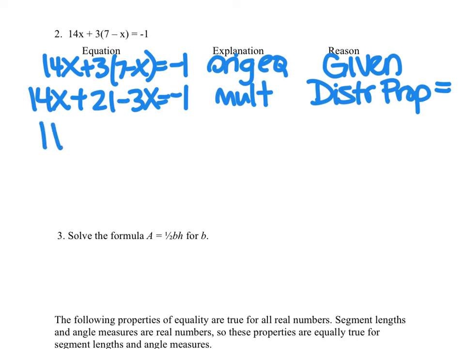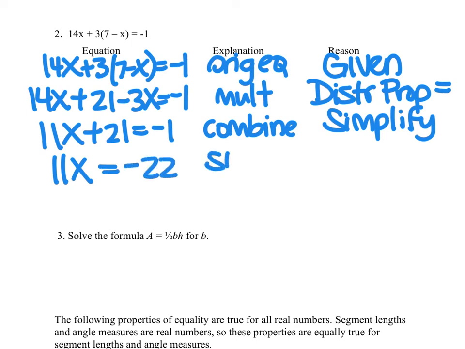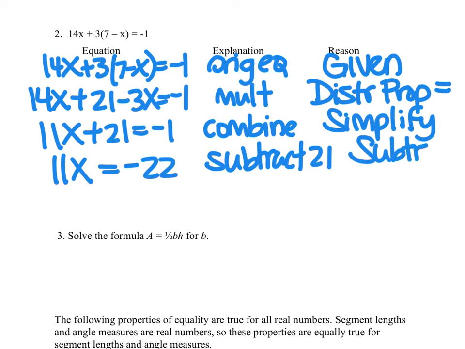Combine like terms. Subtract 21. And then divide by 11.